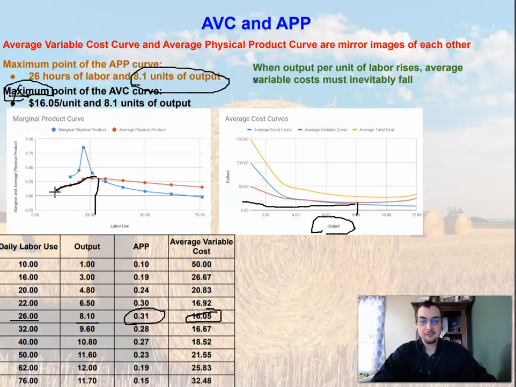As output per unit of labor increases, as we produce more with the same amount of labor, the average variable cost must fall, because we are spreading our output over less variable cost.